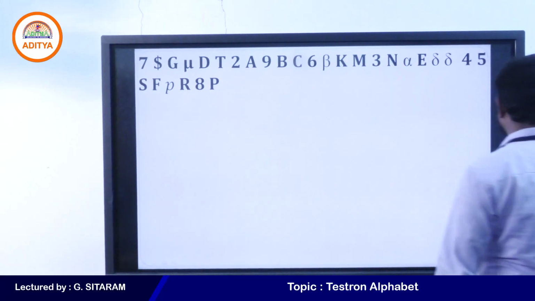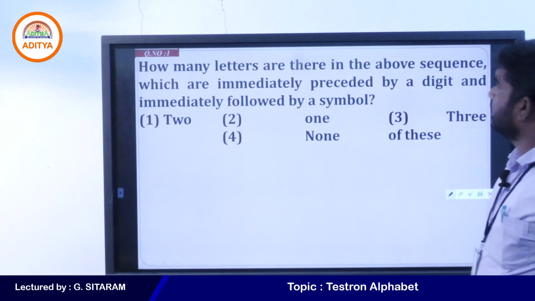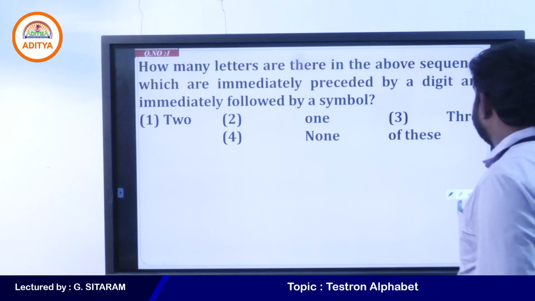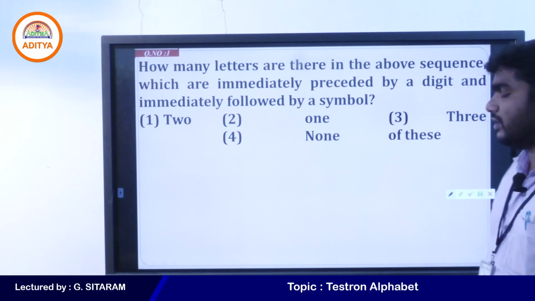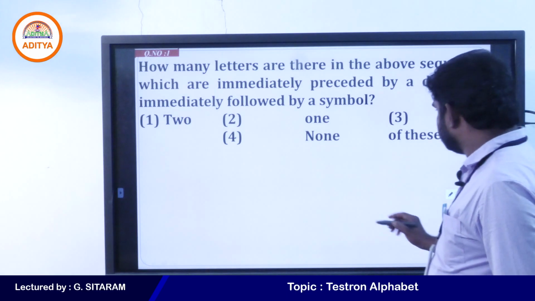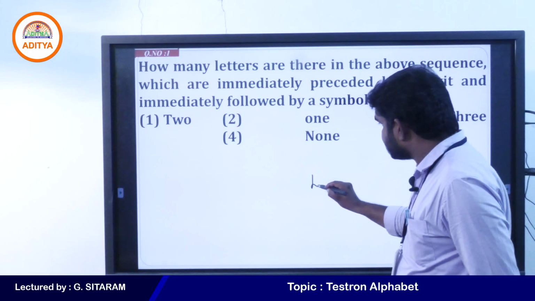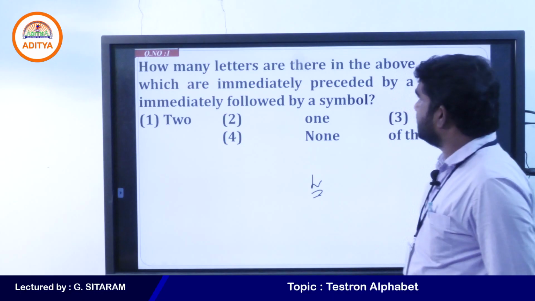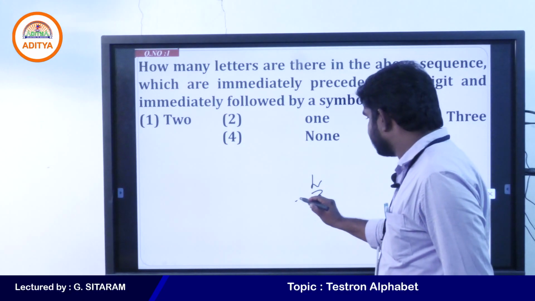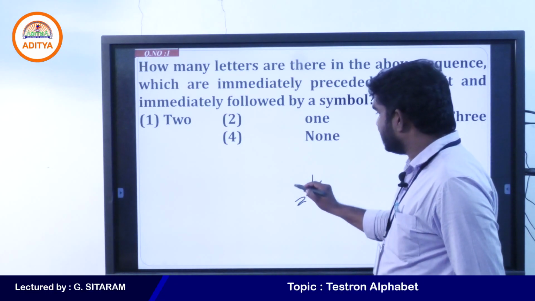Moving to the first question: how many letters are there in the above sequence which are immediately preceded by a digit and immediately followed by a symbol? We just have to count the letters. Preceded means before that.